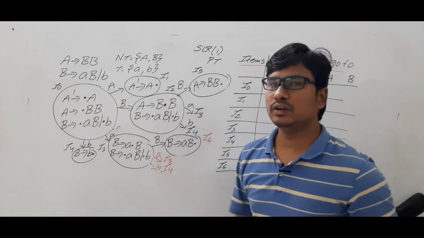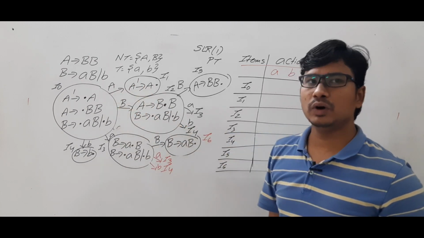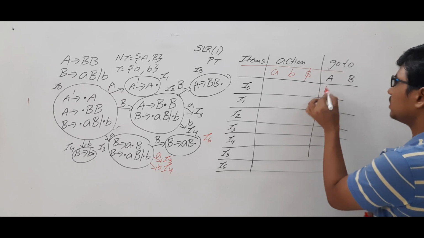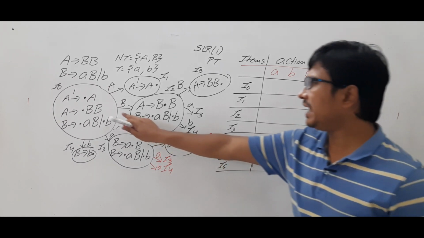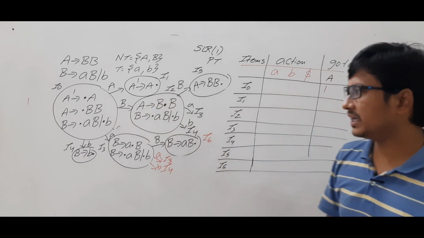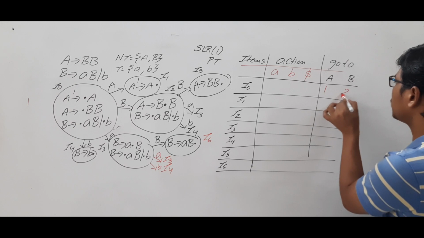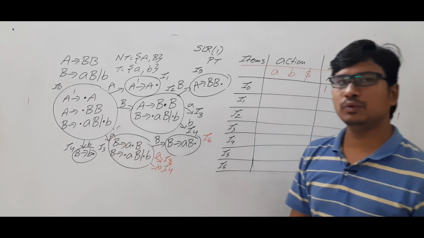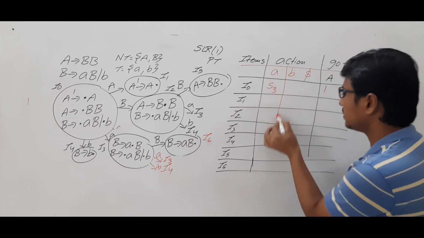Now take I0 on A, which is a non-terminal, where you are going to I1. So what will you write? On I0 on A, you will write 1. I0 on B, you are going to I2. Where B is a non-terminal, so you will write it in the go to part as 2. I0 on small a, you are going to I3, so you will write here S3.